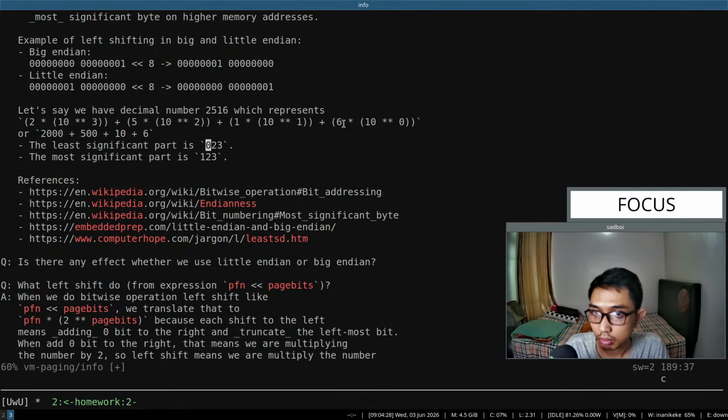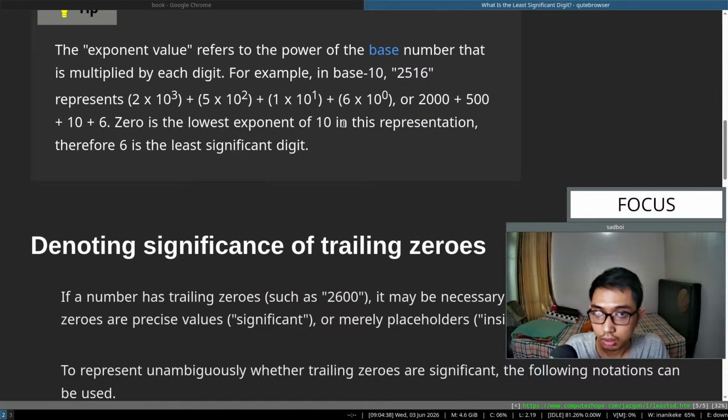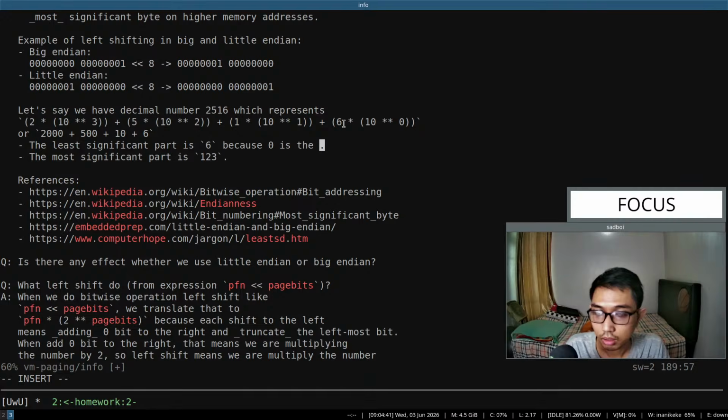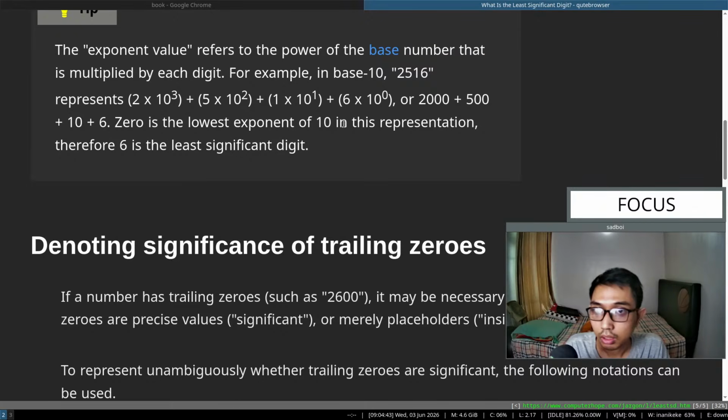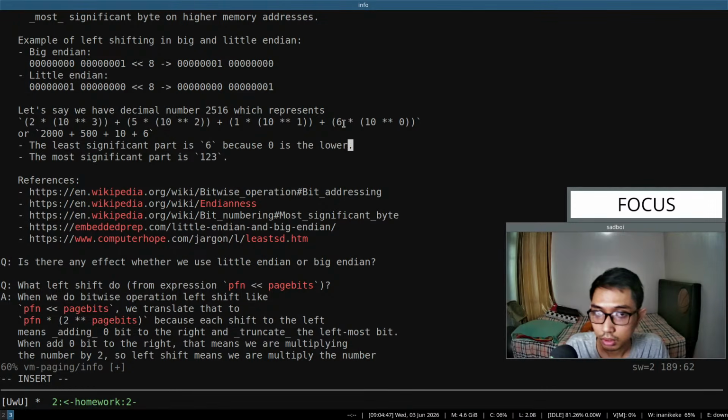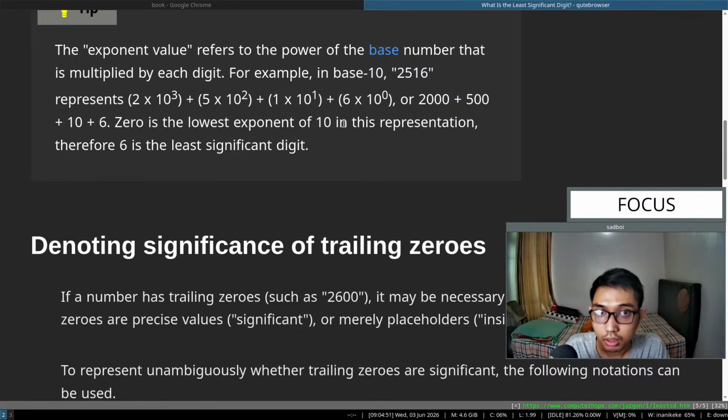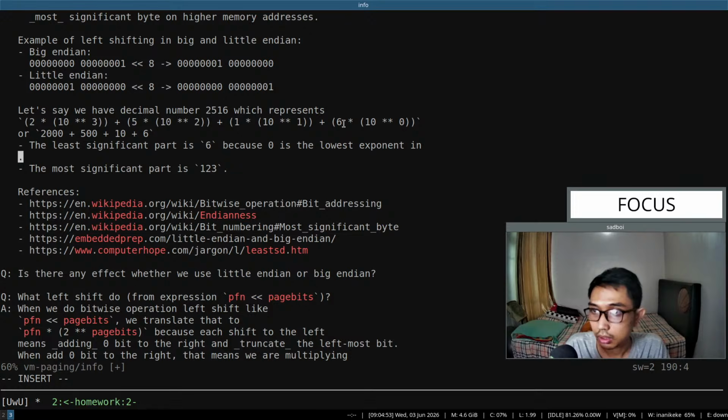The least significant part is, I guess, 6 in this case, because 0 is the lowest exponent in this representation.